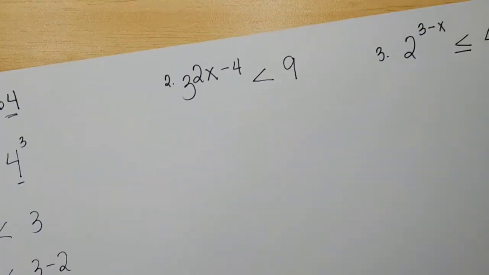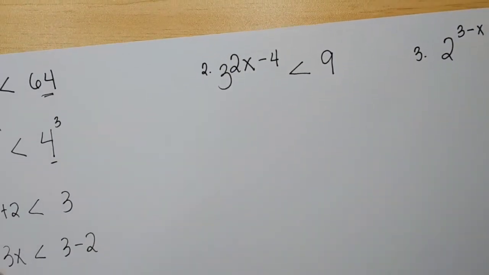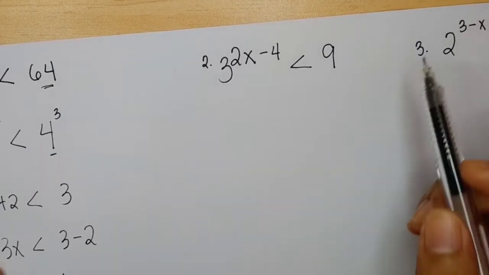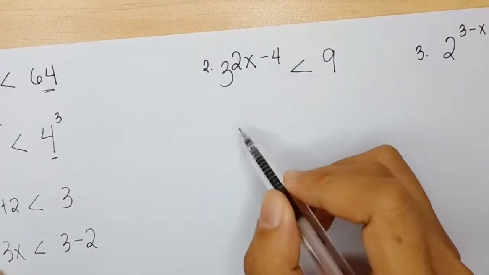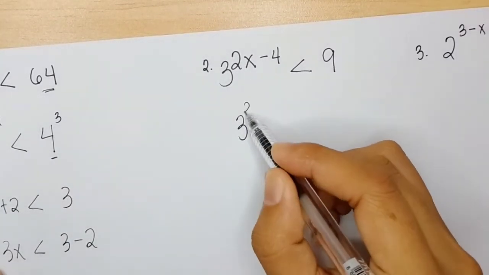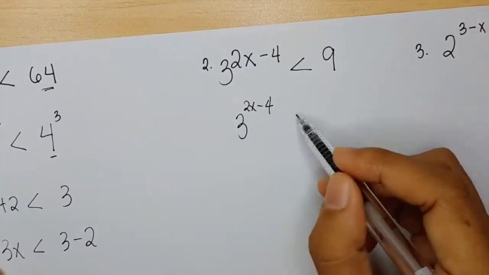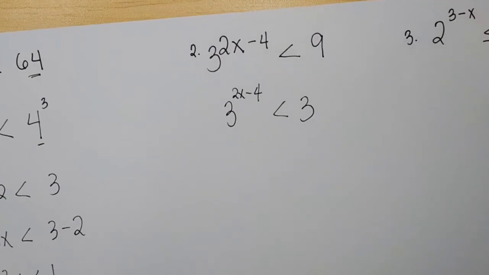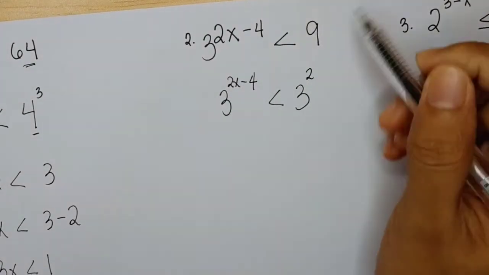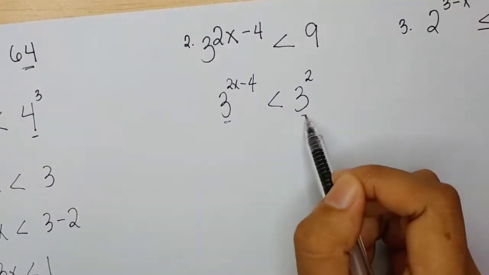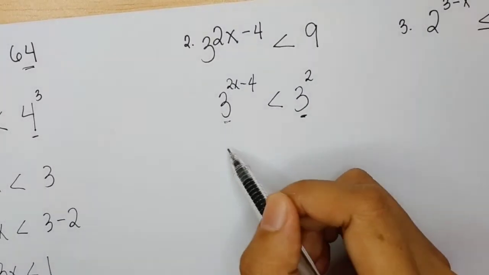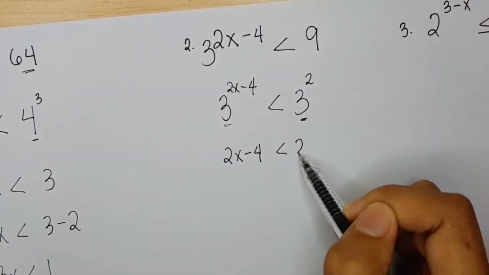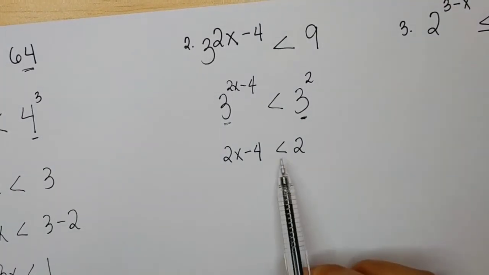Okay, example number 2 tayo. We have here example number 2. 3 to the power of 2x minus 4 is less than 9. So we have here copy yung 3 to the power of 2x minus 4. That will be less than, ano yung base? That is 3. So, ano yung magiging exponent ng 3 para magiging 9? That is 2. So, since the same na sila ng base, we can now solve for our exponent. 2x minus 4 is less than 2.